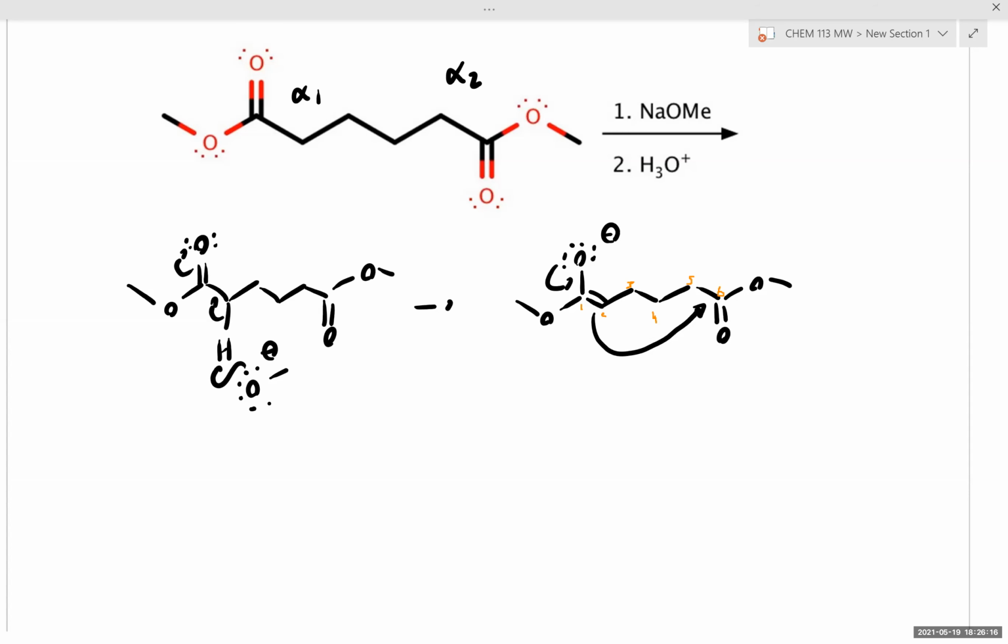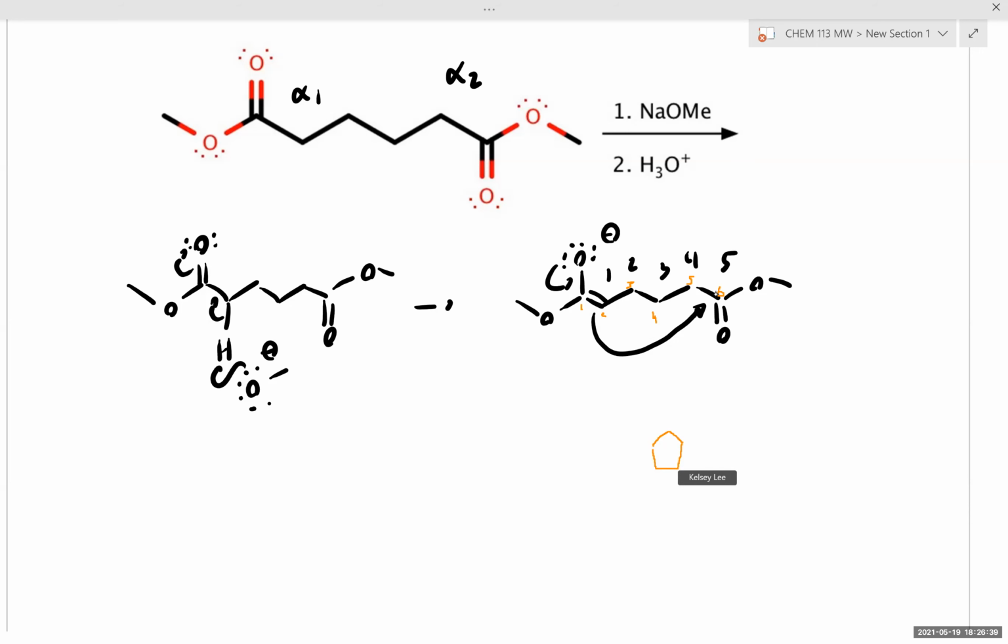Okay, because there's 6, but one of them is exocyclic. Is that the right term? Yeah, okay. That's why I generally start my carbon numbers from the enolate carbon to the carbonyl carbon, as it makes it easier for me to see what kind of ring size I'm making.